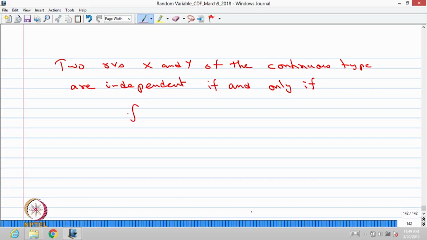So, the joint probability density function, when I write subscript x comma y, that means it is the joint probability density function of x comma y, is the same as the probability density function of x multiplied by the probability density function of y.